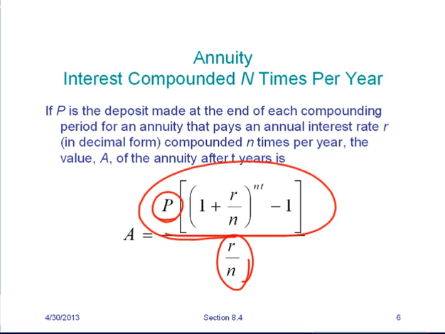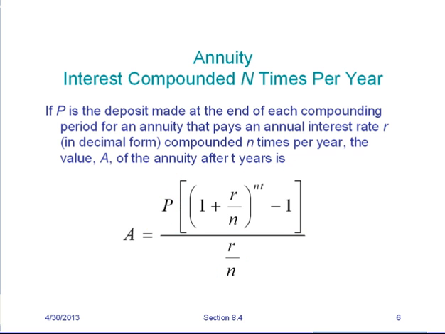Do not round at this point. So you're going to write this number down on a piece of scratch paper. You're going to calculate this number, and then finally take the top divided by the bottom. Yes, it sounds complicated, but trust me, it takes a whole lot less time than the first method I showed you.